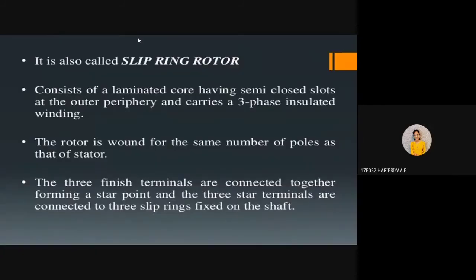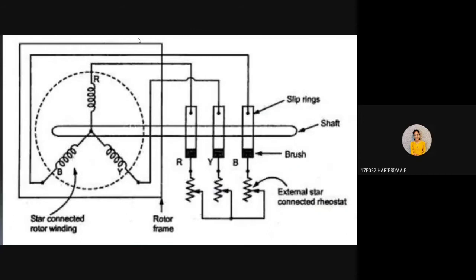This phase wound rotor is also called a slip ring rotor. It consists of a laminated core having semi-closed slots at the outer periphery and carries a three-phase insulated winding. The rotor is wound for the same number of poles as that of the stator.